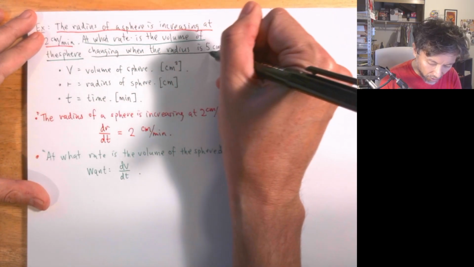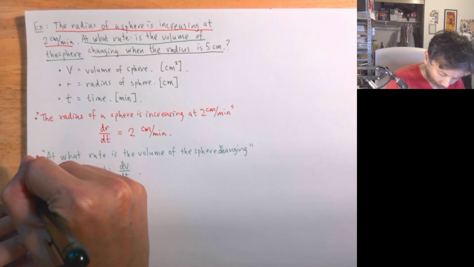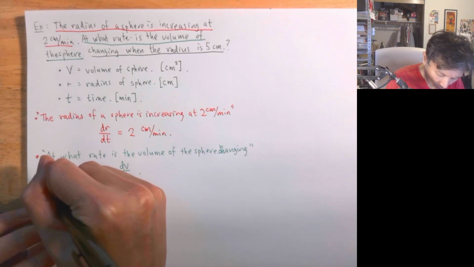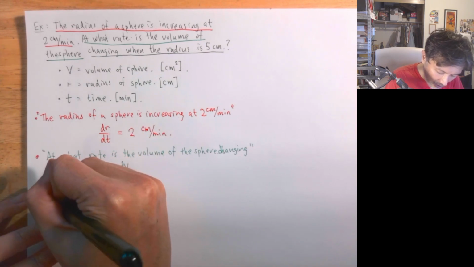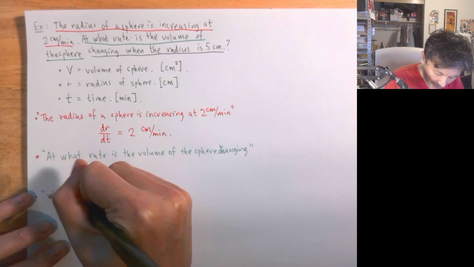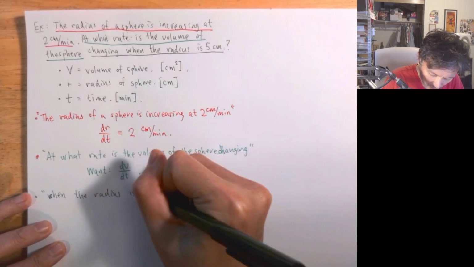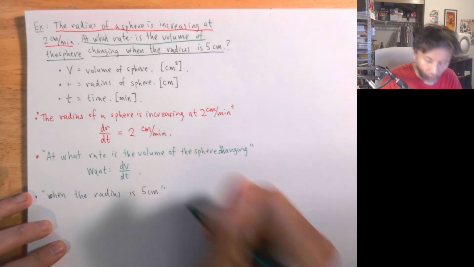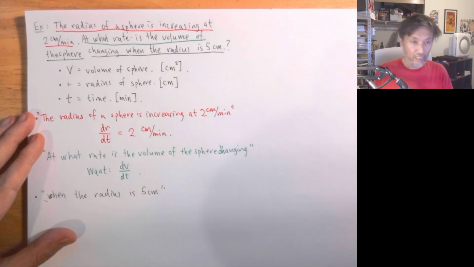If I had another color, I would use it, but I just have black. Sorry, I messed this all up. When the radius is 5 centimeters. It's fine. Nothing is catastrophically going bad.